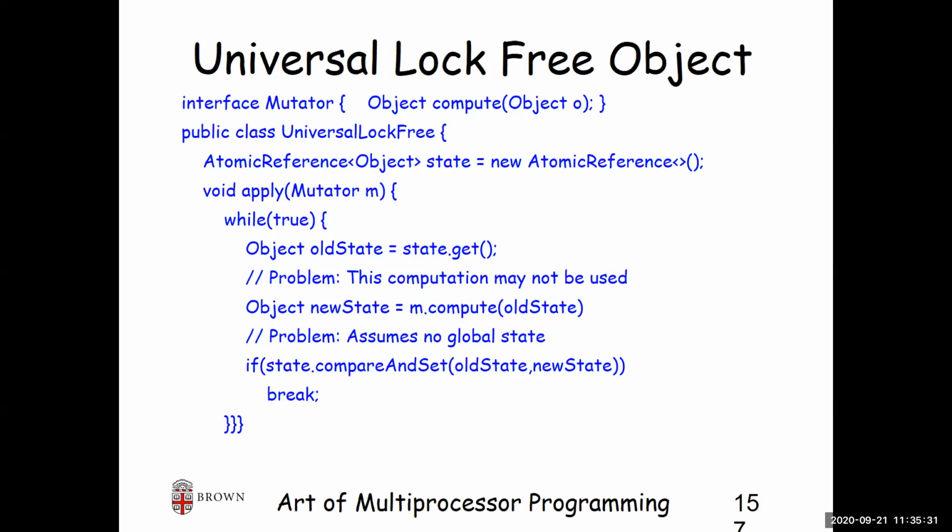Also, if there's global state somewhere, or if I want to print something during this compute method, then it's going to happen multiple times. I'm going to see things printed on the screen multiple times, or I'm going to update my global state multiple times. And when I discard the state, I might still have modified that global state. And so I might have created an inconsistency there.